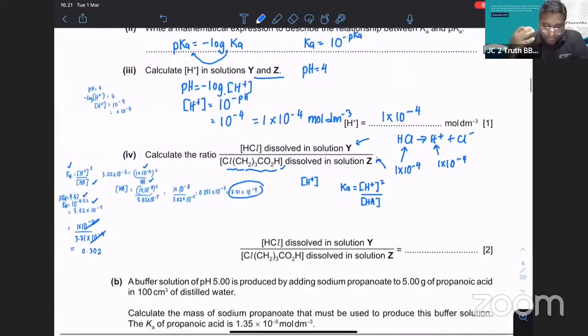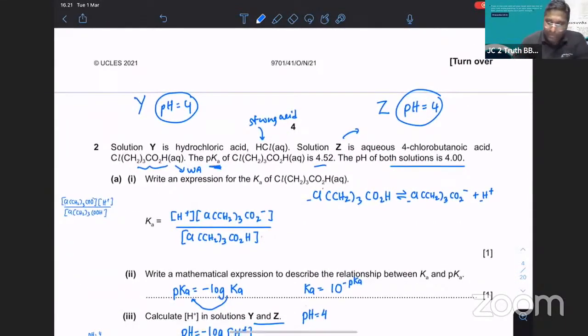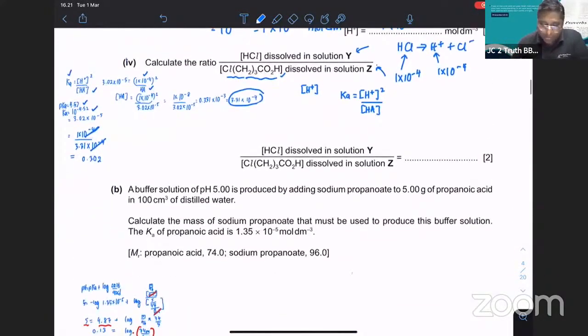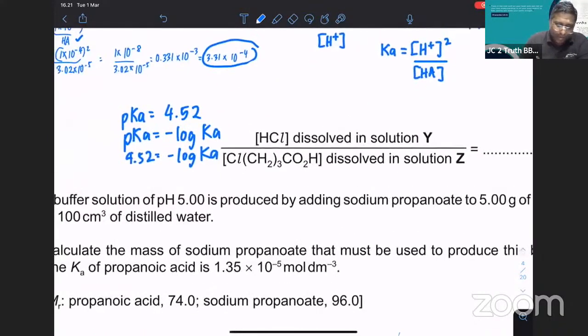And do we know what the Ka is? The pKa is given as 4.52. So we can calculate the Ka value using the pKa. pKa is equal to negative log Ka, so if you have 4.52 and want to find Ka, then Ka equals 10 to the power of negative 4.52.